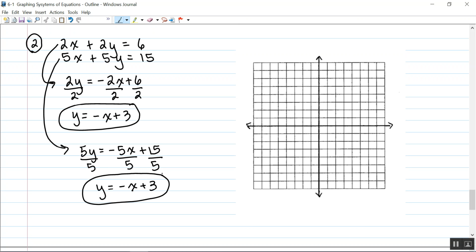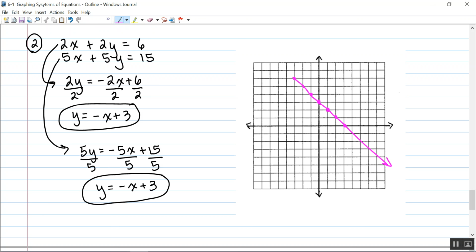As you may recall from previous chapters, you can often write the equation of a line in many different ways. And in this case, these two lines end up being the same, so my solution is just one line. So let me go ahead and graph that here. So there's 3 on the y-axis, and my slope is negative 1. I'll do a handful of points here, and then connect those.